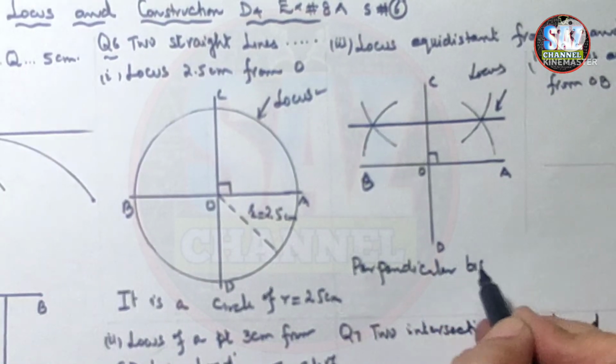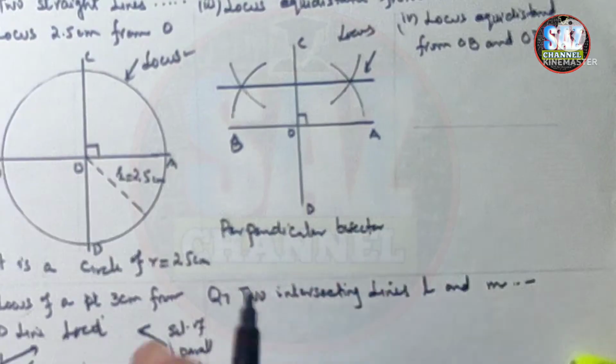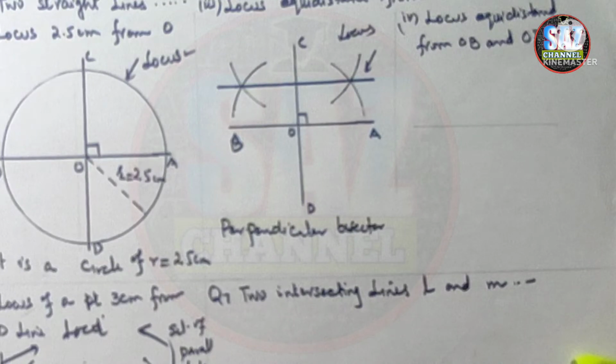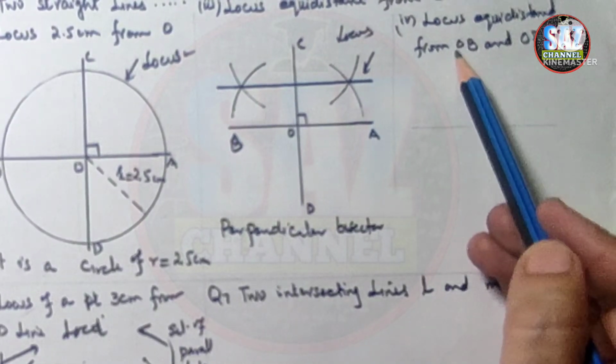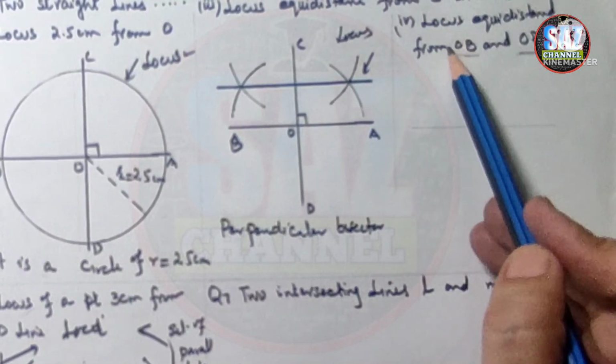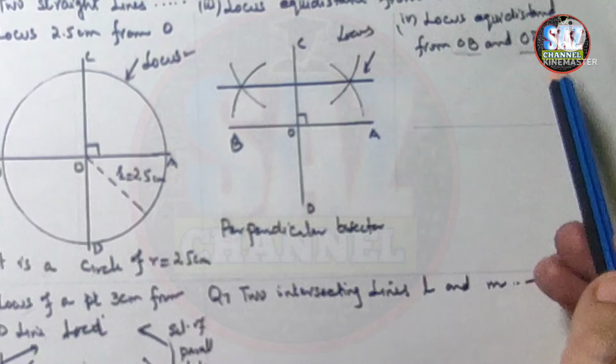Okay, moving to the next part, that is the locus of the point P equidistant from OB and OD. Now look here, we have 4 letters, and which letter is common? Letter O is common. This is the indication of what locus we have to construct.